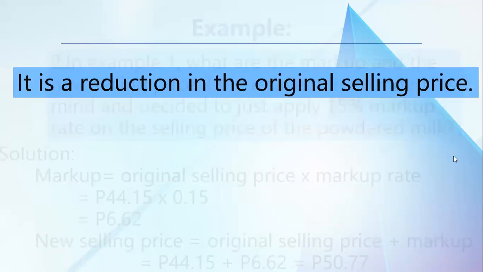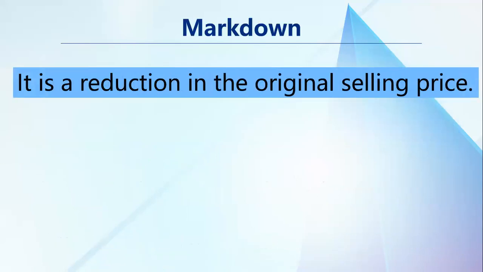Okay, next is markdown. So markdown is the reduction in the original selling price. This is what establishments do, for example, like Novo, like JNF, or others, with those products that have not sold.